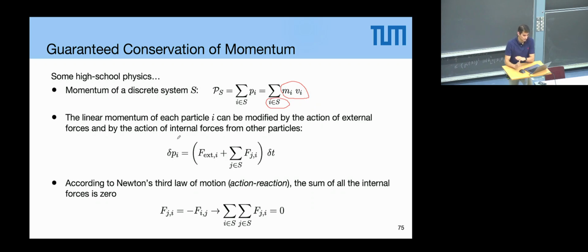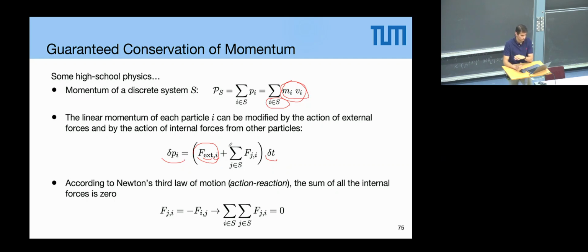The linear momentum of each of the particles can be modified by forces. The forces can be external or internal. I denote external forces like this. So this is the external force acting on node i during an infinitesimally small delta t, which is causing an infinitesimal change in the linear momentum.